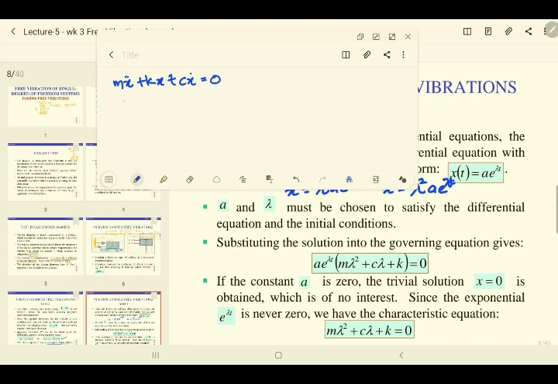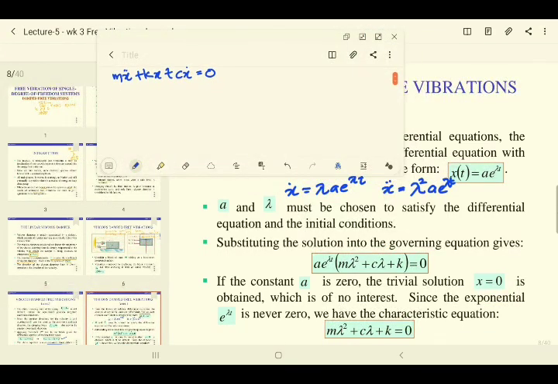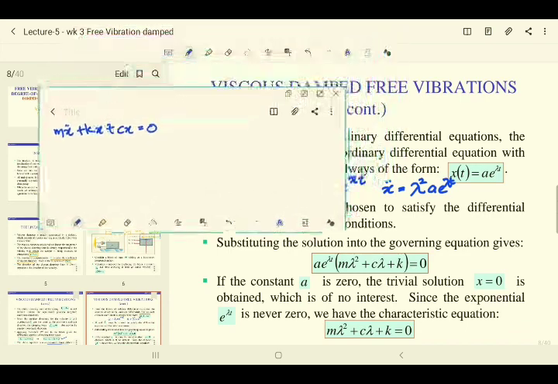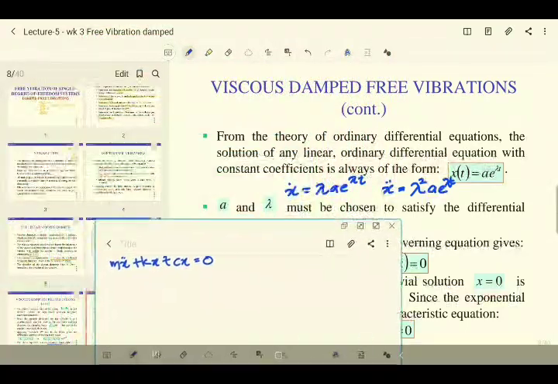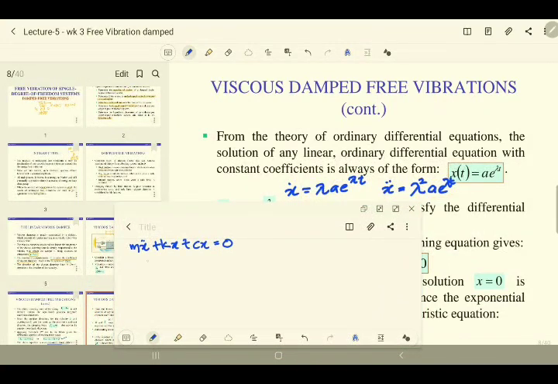So you substitute: your m x double dot will become m lambda square A e to the lambda t, plus k x is k A e to the lambda t, plus c x dot will become c lambda A e to the lambda t.